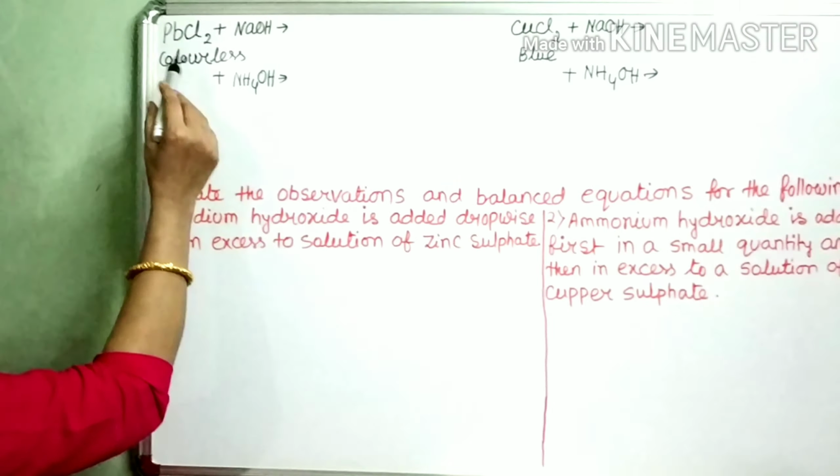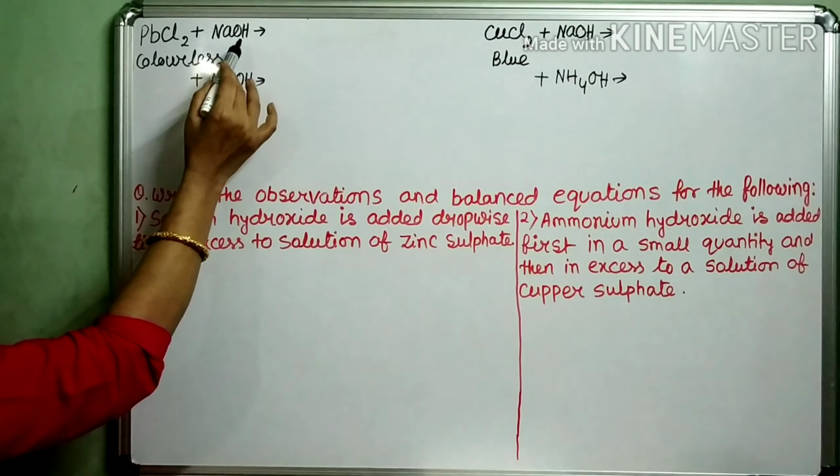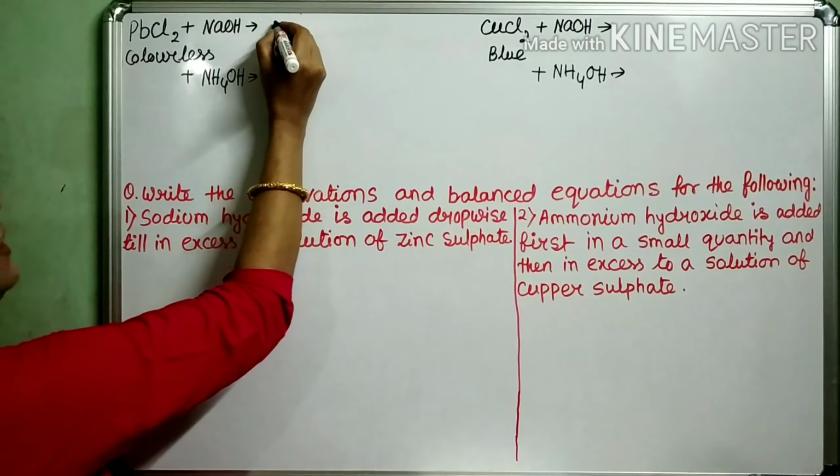Now what happens when lead chloride reacts with sodium hydroxide? First, its color is colorless. Lead hydroxide is formed, which is insoluble, and NaCl is formed. Its color is chalky white.